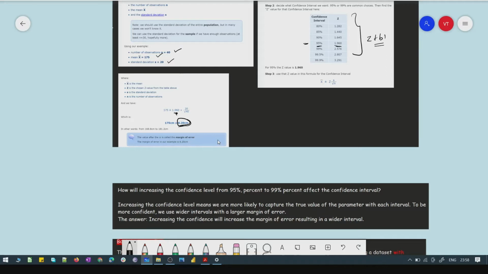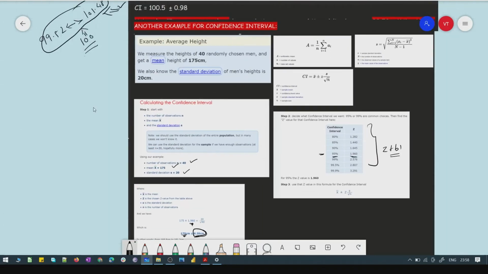The value after plus or minus is called the margin of error. In this example, it is 6.20 centimeters. X bar is your sample mean, and then you're adding some value just to buffer in your error, so that your population parameter, your population value, will lie in that range. So that's how you determine your confidence interval.